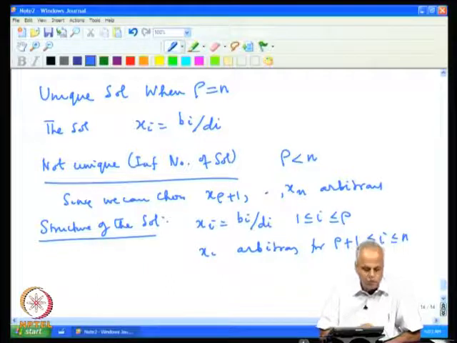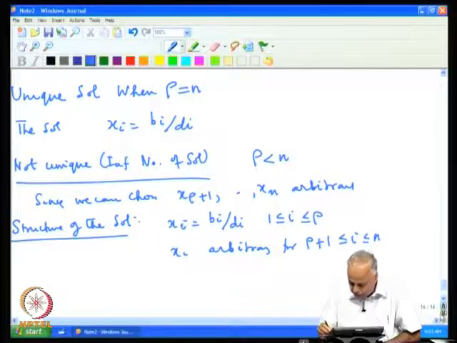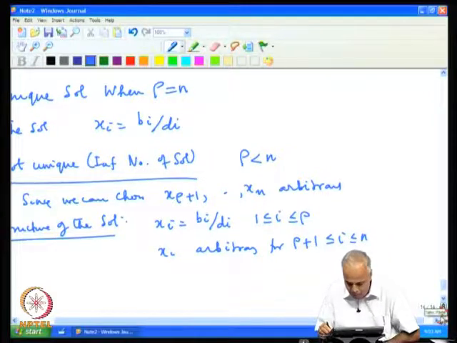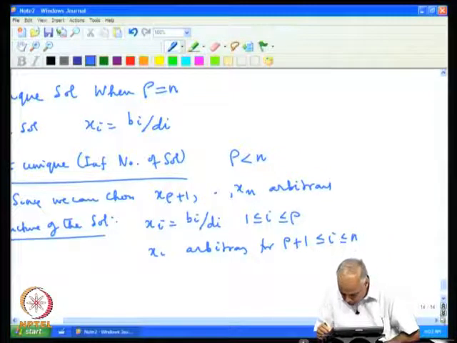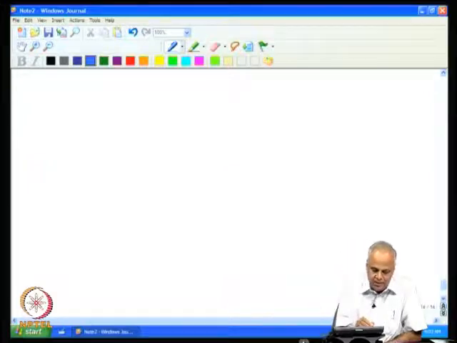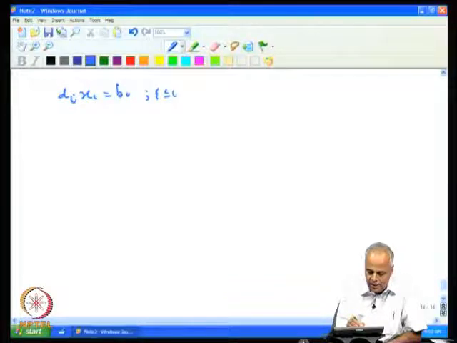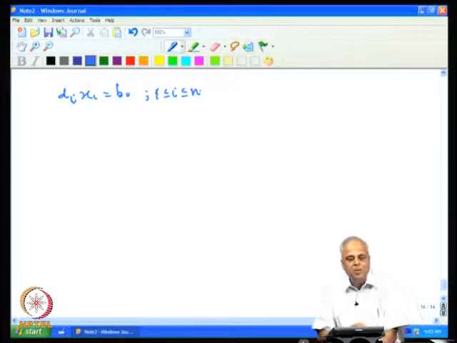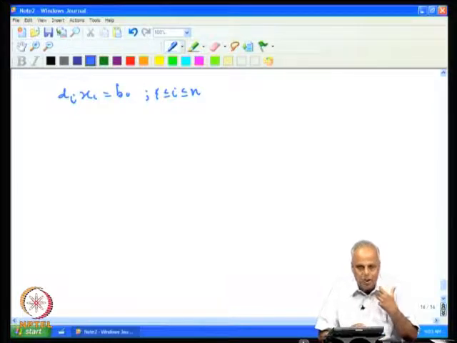But the moral of the story of this simple problem is that when we have a system di xi equal to bi, 1 less than or equal to i less than or equal to n, a system of n equations in n unknowns where the variables are all uncoupled, most of our answers can be easily got.